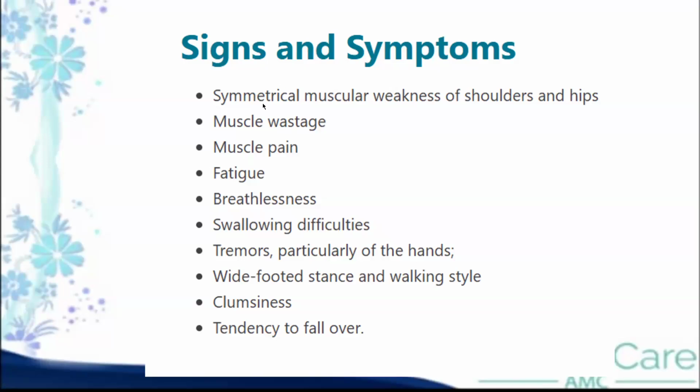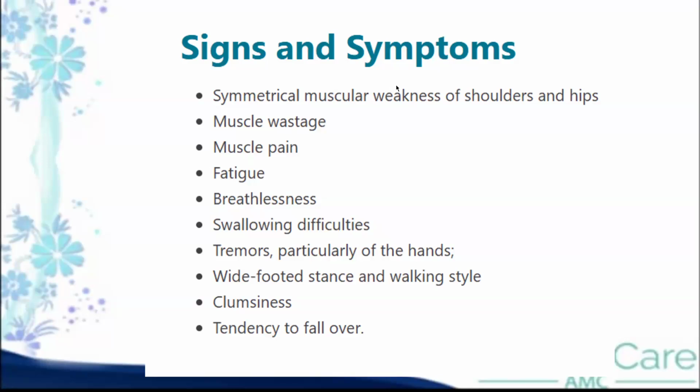So sometimes in the questions on AMC, they give it to you as bilateral muscle weakness. So symmetrical, bilateral, same thing. Shoulders and hips particularly. So PMR, you must think it's always shoulders and hips. It can be both, it can be one of the two, right?